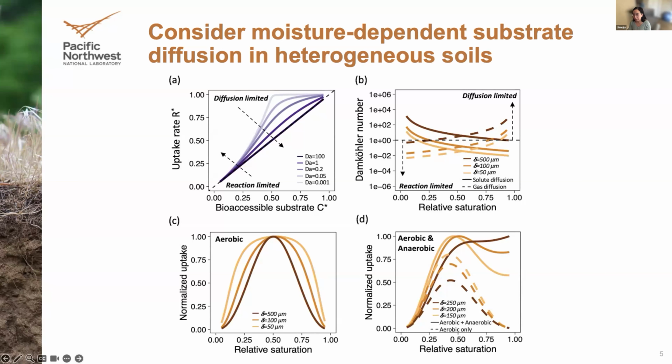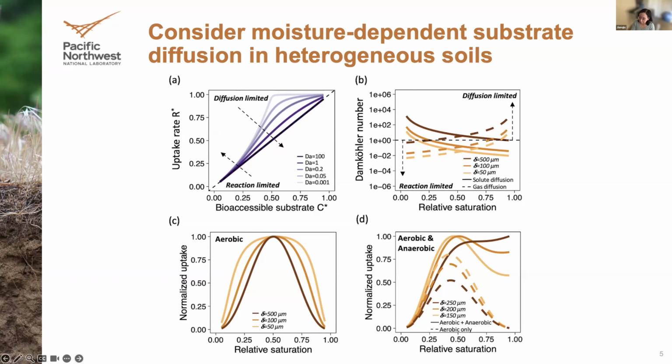So now plotting this theoretical understanding against the soil moisture axis, we can see that the Damköhler number would vary depending upon the moisture condition, and also depending upon the diffusion length we use in these theoretical calculations.